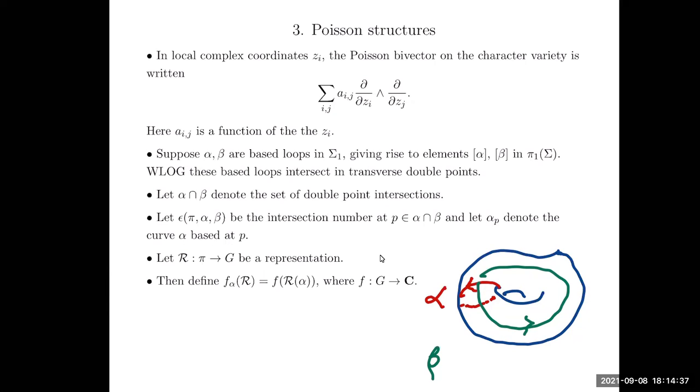And I'll write alpha_P as the curve alpha based at P. I'll denote by R a representation from the fundamental group pi into G. So if F is a map from the group G to the complex numbers, I'll write F_alpha of R as F composed with R of alpha.